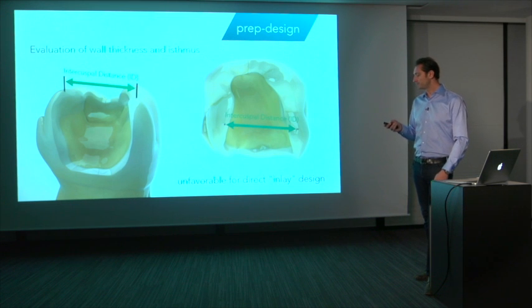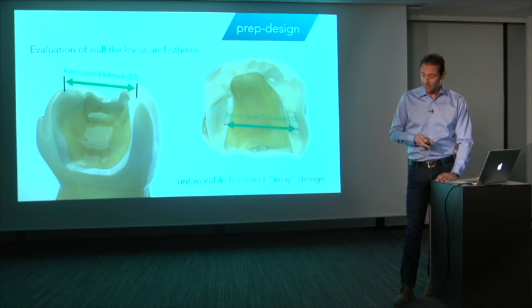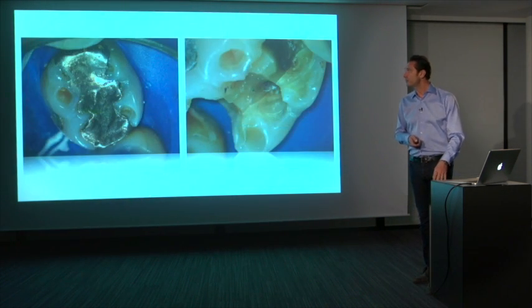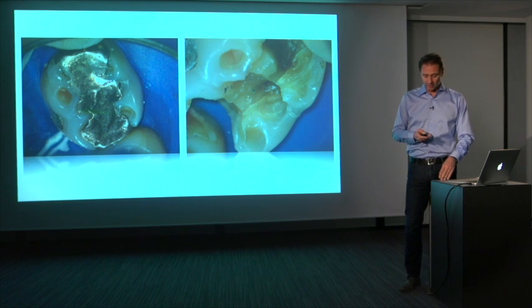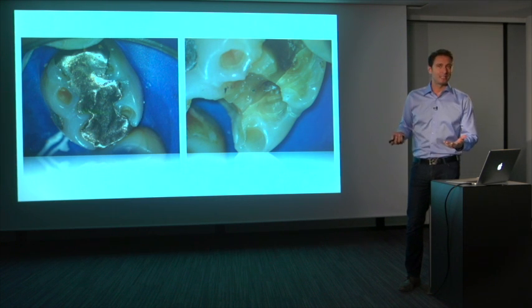And I think that this image can be translated into clinical, and it's really helping us a lot to understand what is really happening. A very quick example of a cavity that is too wide.